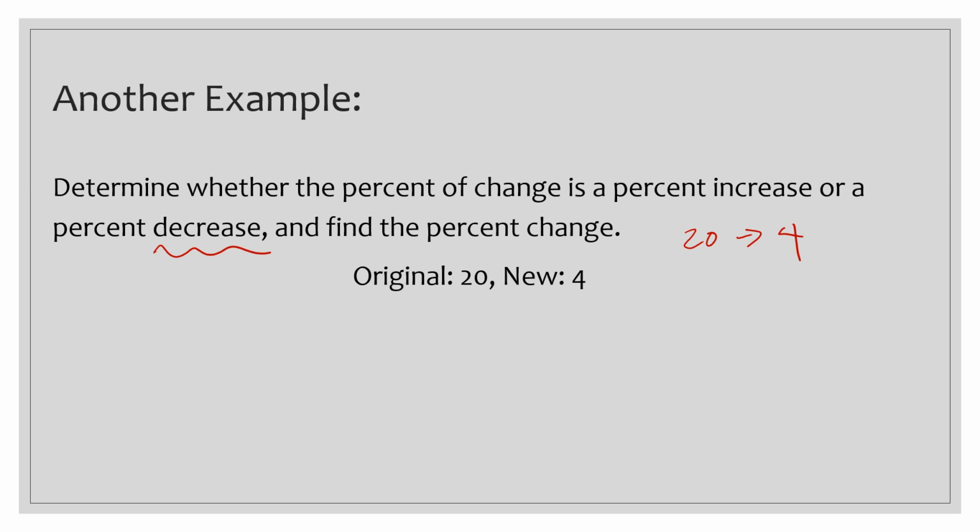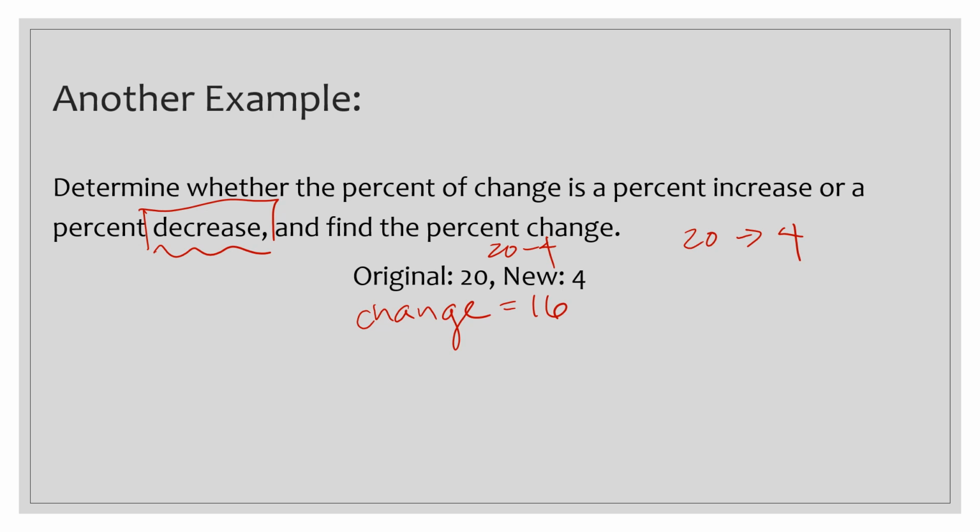So we want to find the percent change. To find the percent change, first I need to find the change. So the difference between 20 and 4 is 16. I just went 20 minus 4 to find that. Again, I'm not concerned with the positive or negative because I'm going to be talking about it being decreased.